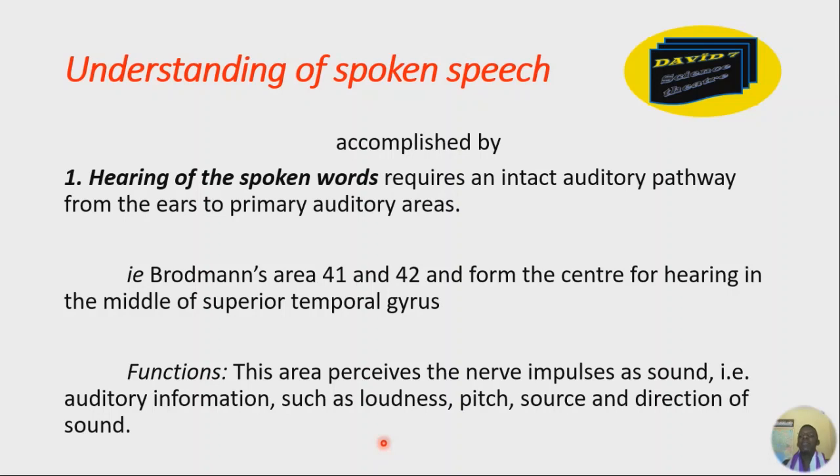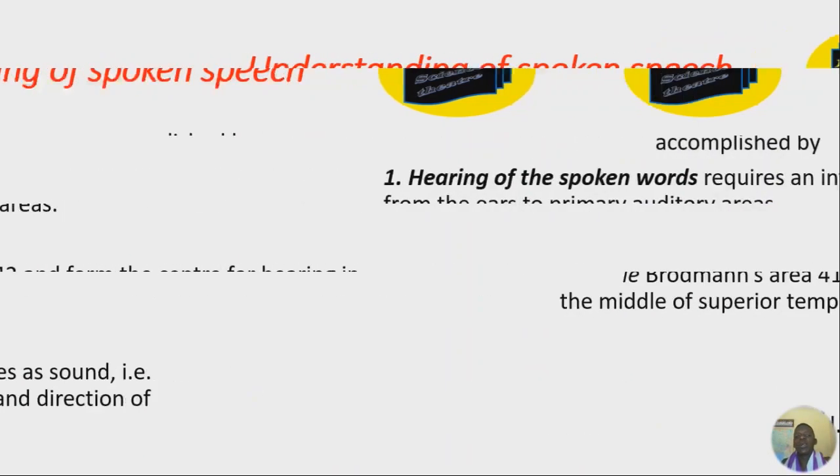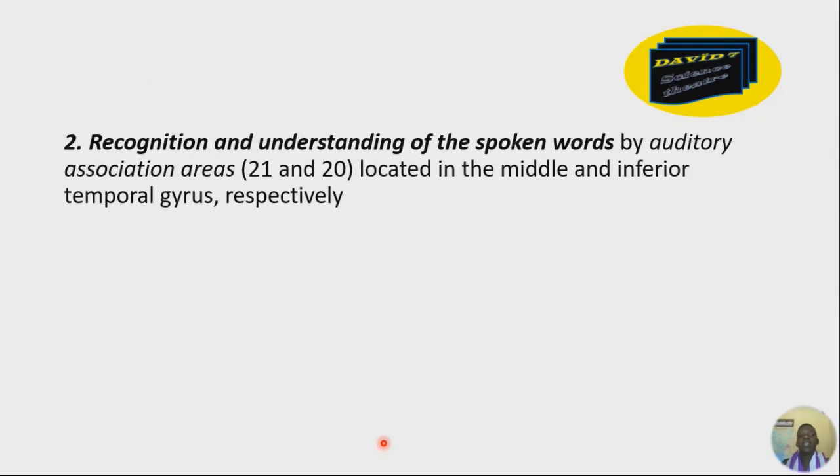You must hear them. And when you hear them, the impulses will go to 41 and 42. The second stage is recognition and understanding of the spoken words by the auditory association areas, which are 21 and 22, located in the middle and inferior temporal gyri, respectively. Okay, so 21 is in the middle, 20 is in the inferior temporal gyri.